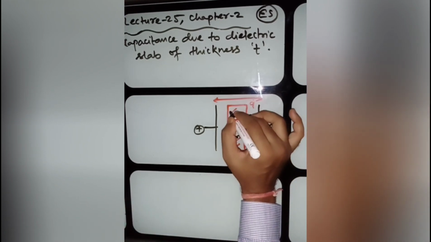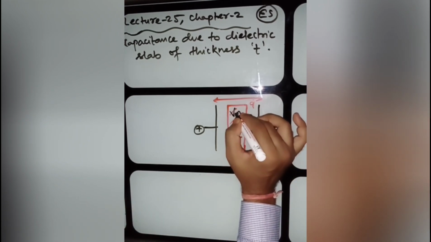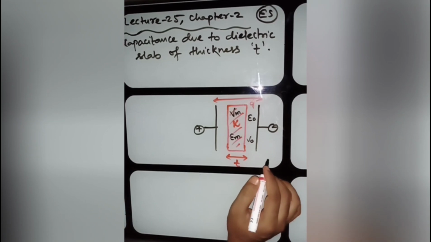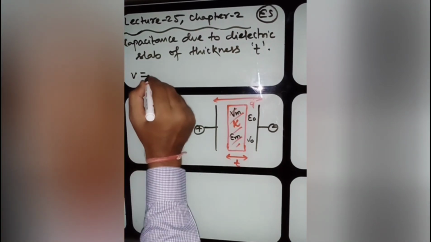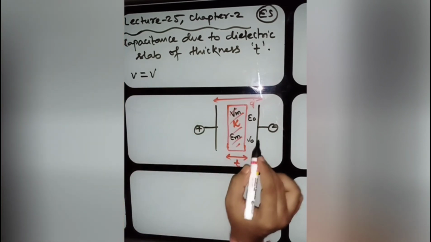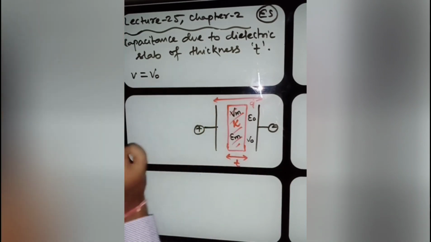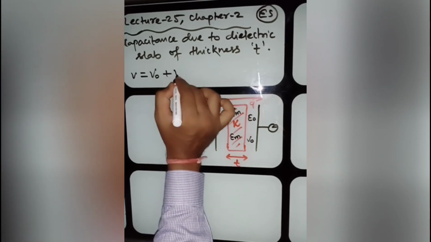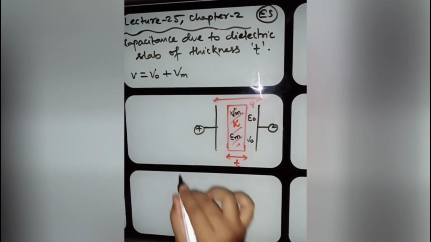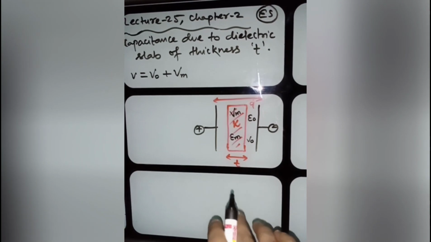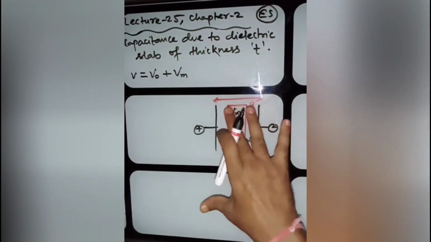Here the potential is the potential in the medium. Net potential V will be the potential in free space, that is V naught, plus the potential in the dielectric. This is the net potential. I hope this is very clear.